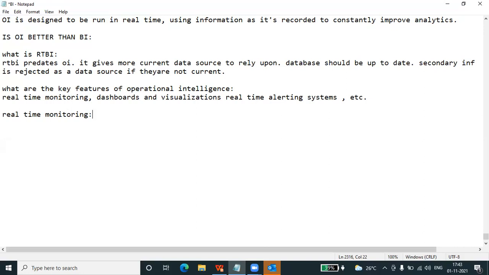The key feature of operational intelligence is that analysis and alerts are provided as they happen, often within seconds of the event data being generated.